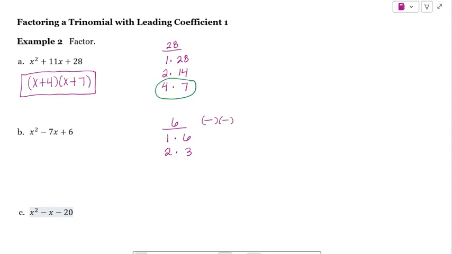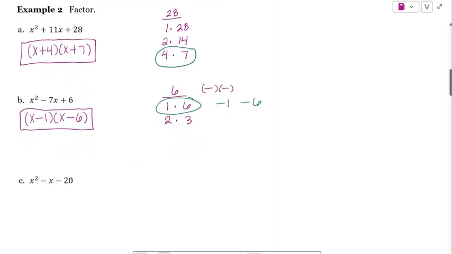It looks like the answer that I want is here. I want a negative 1 and I want a negative 6. So those are the numbers that I'm going to put into the parentheses, x minus 1 and x minus 6. This will multiply out to give us the expression above.